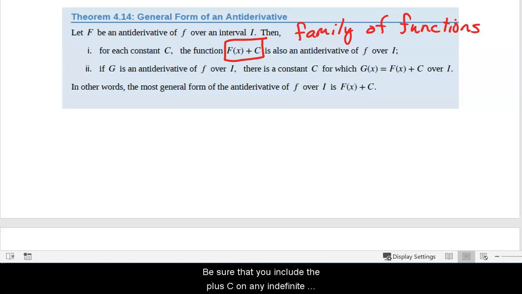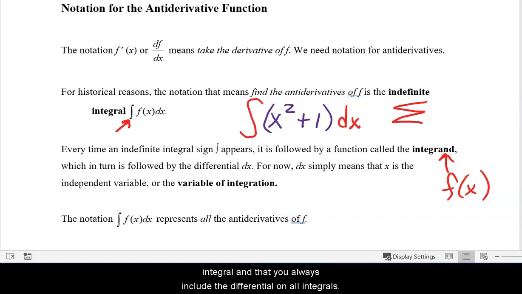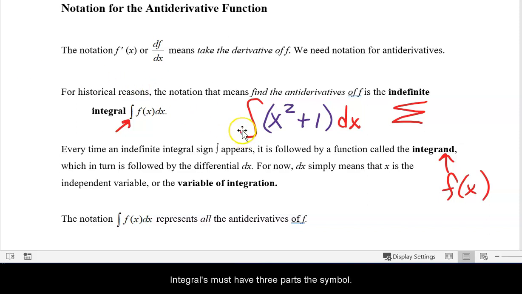Be sure that you include the plus c on any indefinite integral and that you always include the differential on all integrals. Integrals must have three parts: the symbol, the integrand in the center, and the differential.